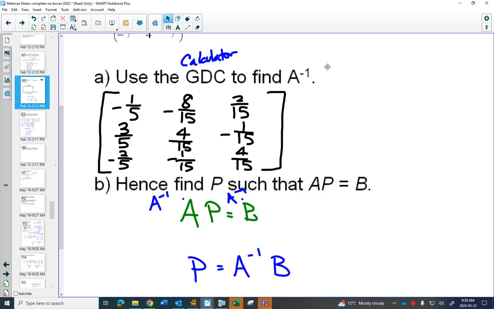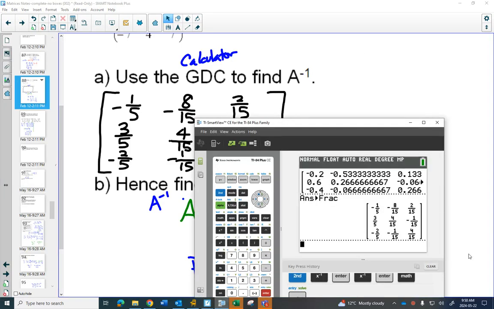Order matters. So if the A is out in front, then I have to multiply the A inverse in the front, which means I also have to multiply the A inverse in the front on the other side. And now I can just go to my calculator and say, this is my A inverse.